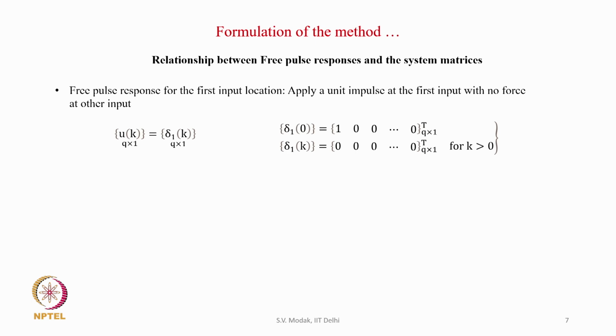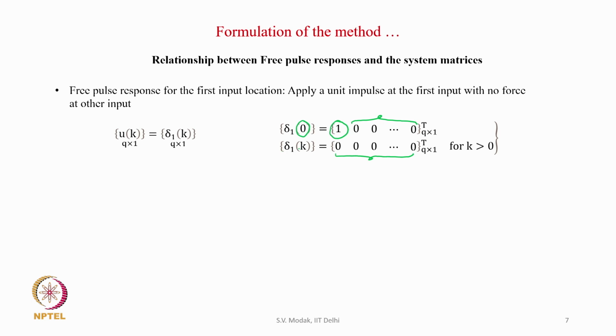Here you can see delta 1k is a column vector containing inputs applied at all degrees of freedom, and we see from here that input at the first degree of freedom is 1 and input at all the other degrees of freedom is 0, correct. And then this is at the first instant. Now for the next instant there is no input at any of the degrees of freedom, correct.